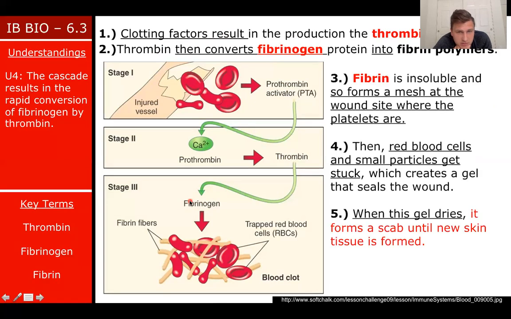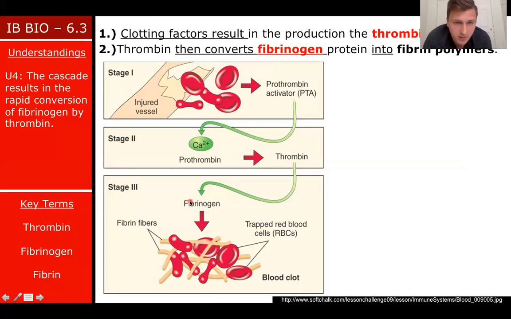Because thrombin is there, fibrinogen then is going to convert to fibrin fibers. And you kind of see that they look like fries in a weird way, but they're going to be a bunch of these tannish, yellowish sticks. You can call it sticks, like strings, right? So that's fibrinogen converting into fibrin polymers, okay?